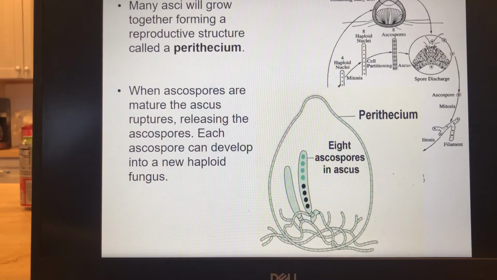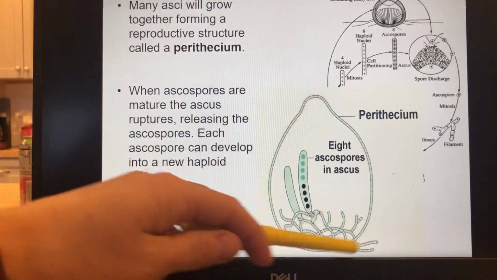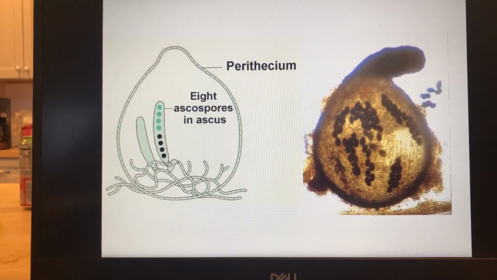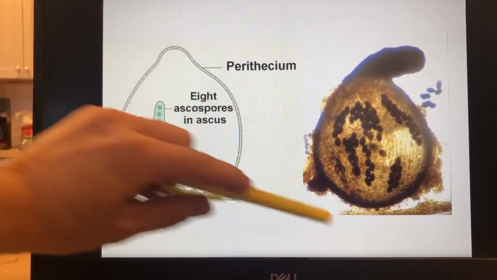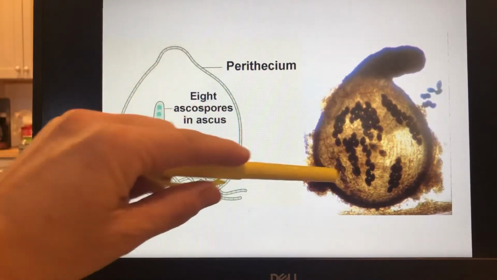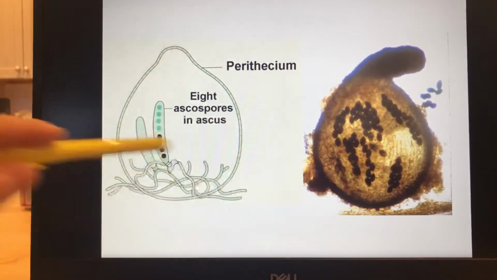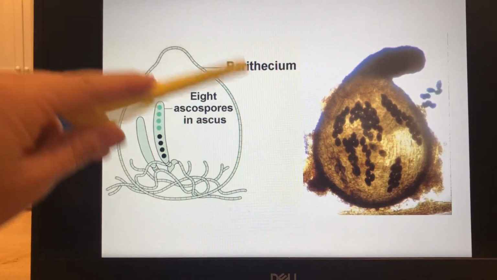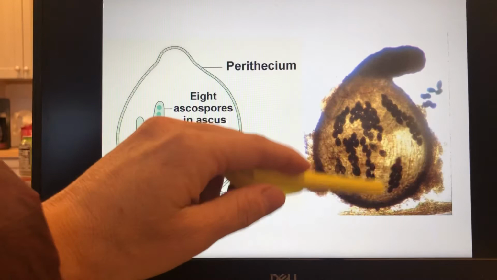Hopefully that makes some sense. Remember, these are all haploid. All right, so this shows you this reproductive structure. This is the perithecium right here. And then you see the ascus, and they didn't really follow the rules and stay exactly in line, but you can see this is the drawing. This is the actual version.